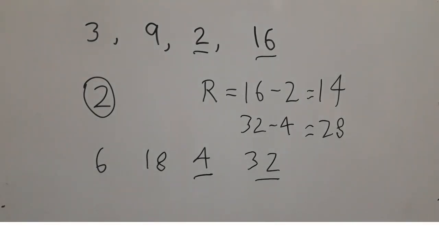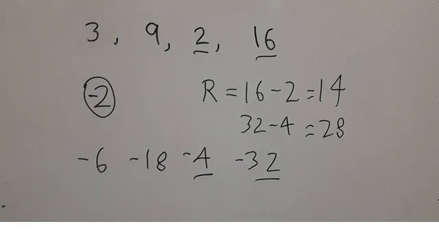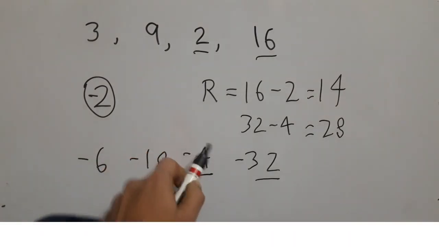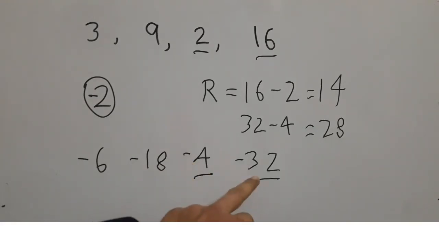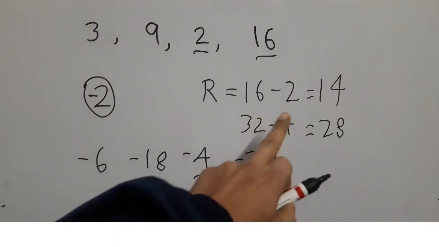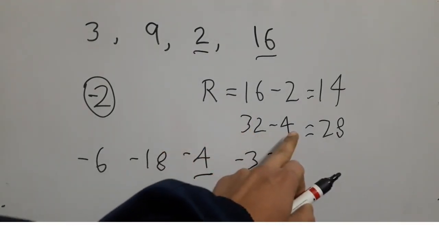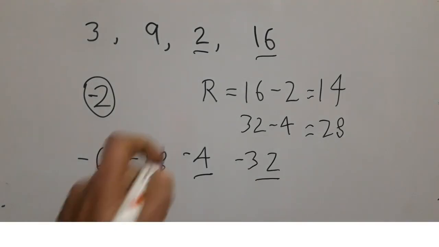If on the other hand, I had multiplied it by minus 2, then all the numbers would have been their negatives. Now the order is flipped. This is no more the minimum. This is the maximum and this is the minimum. So when I now want to compute the range, I will be subtracting minus 32 from minus 4.